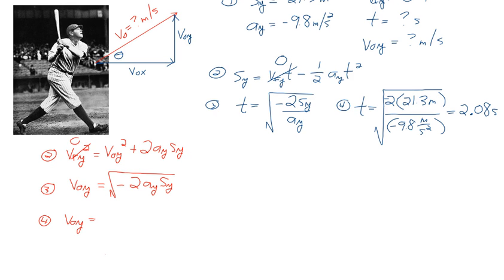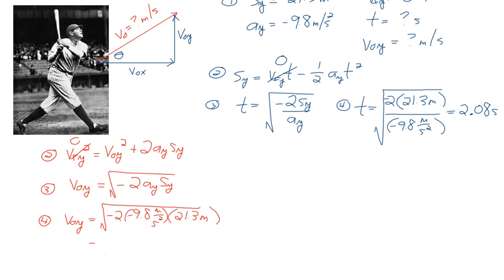So we plug in the numbers, and we get minus 2 AY SY. So for AY, we put in minus 9.8 meters per second squared. And for SY, we put in, what, 21.3?